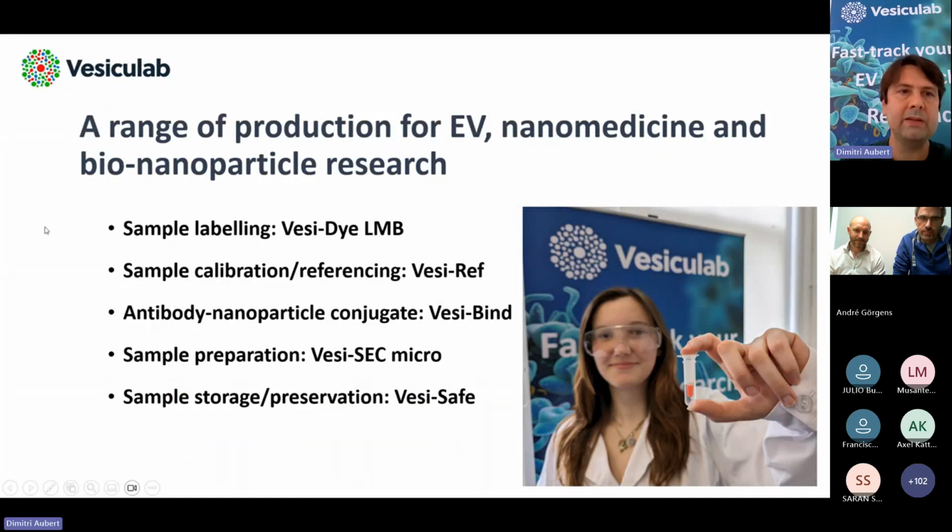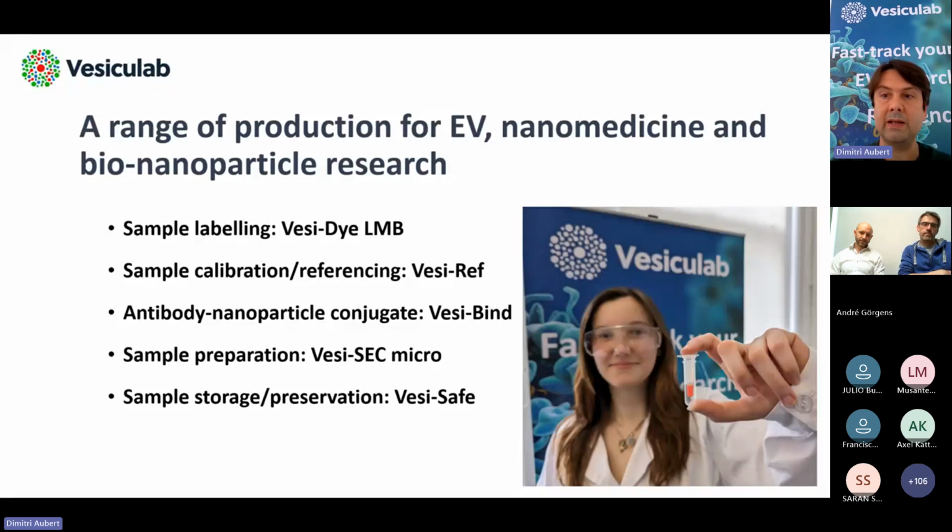Very briefly about Vesiculab. It's a company that started only a year ago, with the goal to bring some innovative solutions to assist the extracellular vesicle workflow. These include dyes to specifically label extracellular vesicles, as well as reference materials for EV analysis.